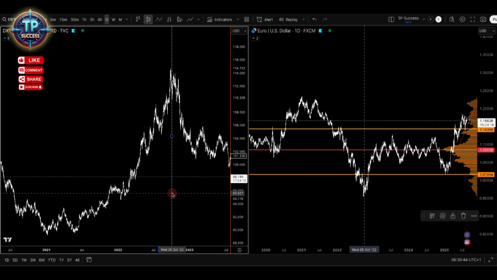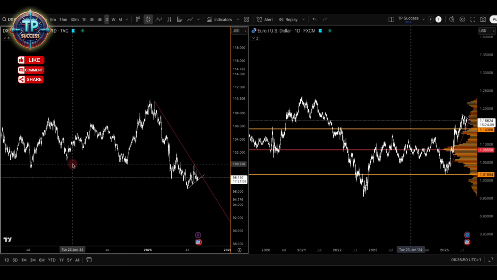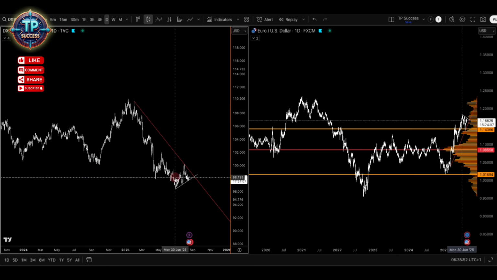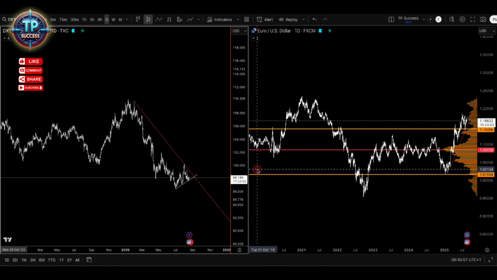Okay, I don't think the volume profile will go that far back for me on the DXY. But basically, this is what we got going on. We can clearly see the inverted look, right? They're upside down of each other.